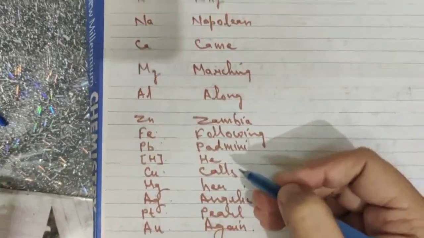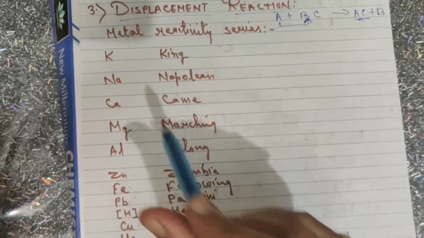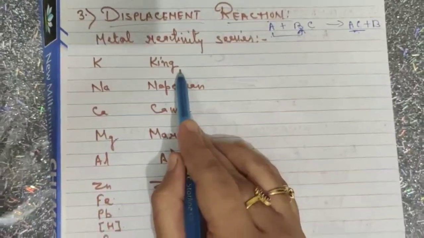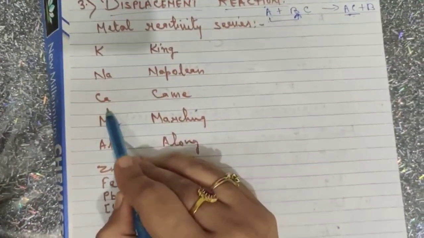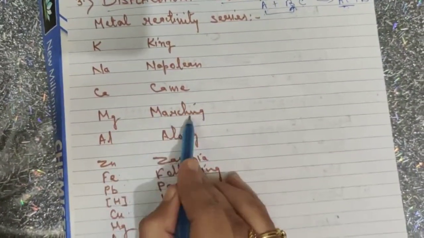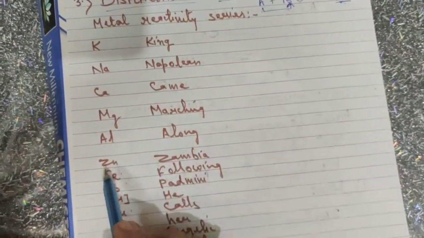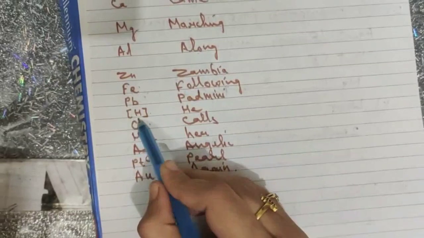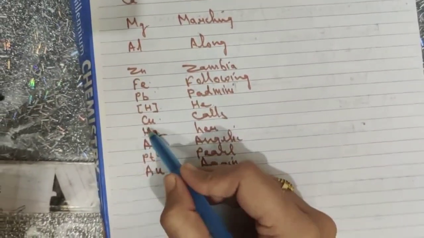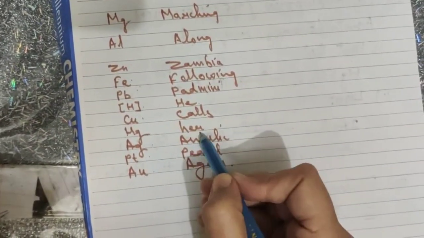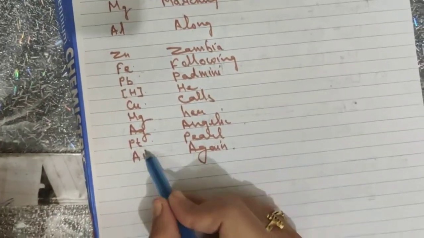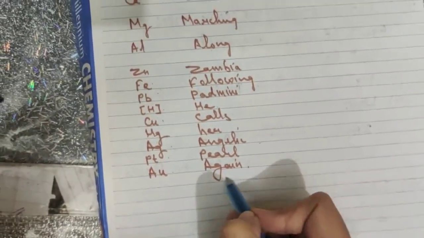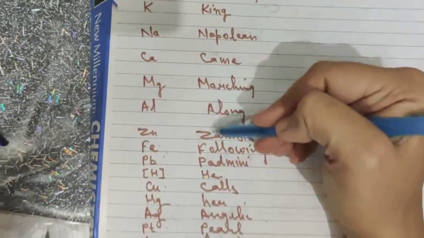Okay. Now how to remember this? K is king, Na is Napoleon, Ca is came, Mg is marching, Al is along, zinc is Zambia, Fe is following, Pb is Padmini, H is he, and copper is calls, Hg is her, Ag is angelic, Pt is pearl, Au is again. So this is just a way of learning the series.